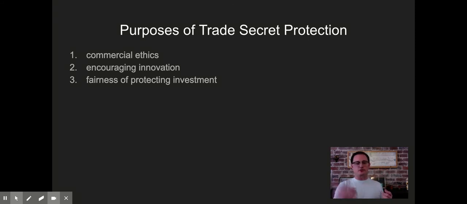But of course, there's also arguably at least some consequential justifications, right? I mean, maybe trade secret protection will provide an incentive for companies to invest in generating this kind of information in the first place. I mean, after all, if Imokalee knows that it can't keep this information secret and that its employees could go spill the beans to anybody, well, it might not invest in this activity in the first place.